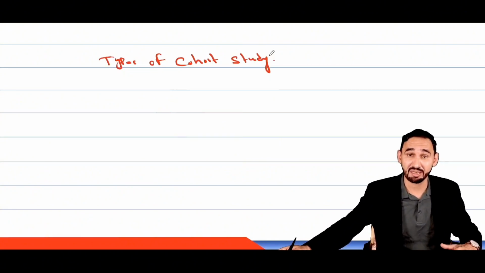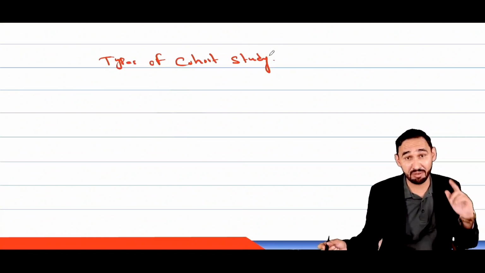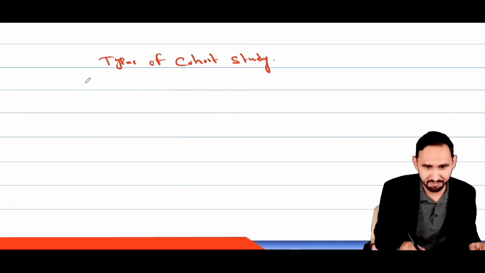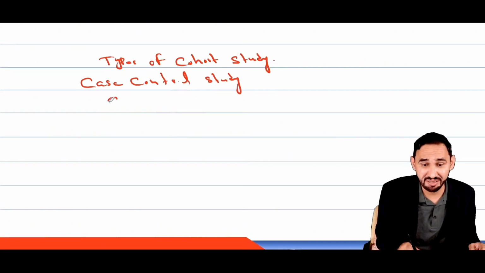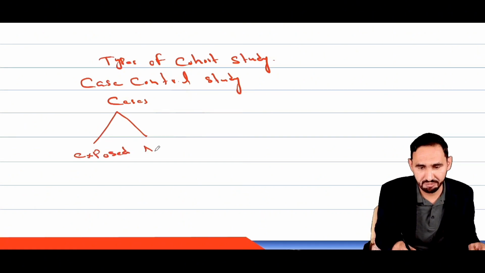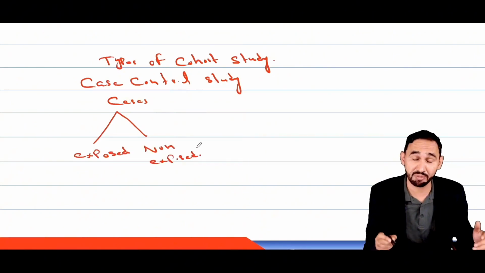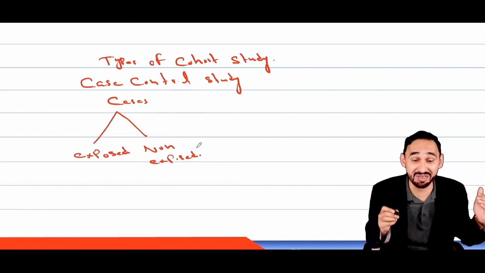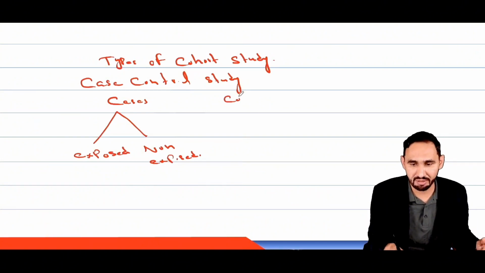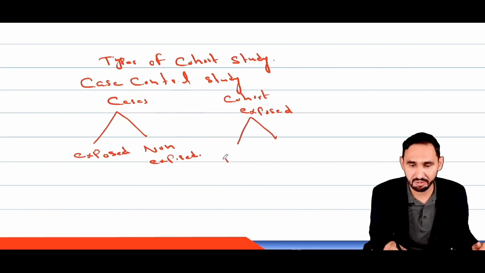In the end, we made 2 by 2 table. Remember one thing: in case control study, we divide cases into exposed and non-exposed. So number of diseased people is greater than exposed in case control study. And in cohort study, we divide the exposed into diseased and non-diseased.